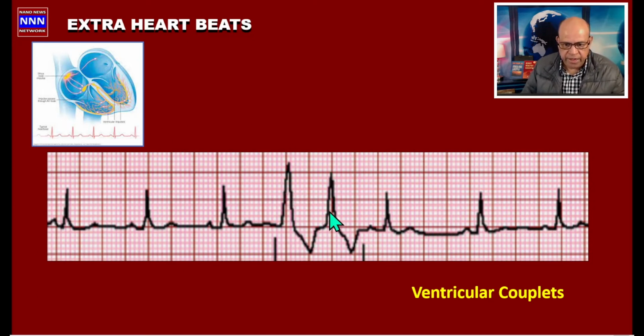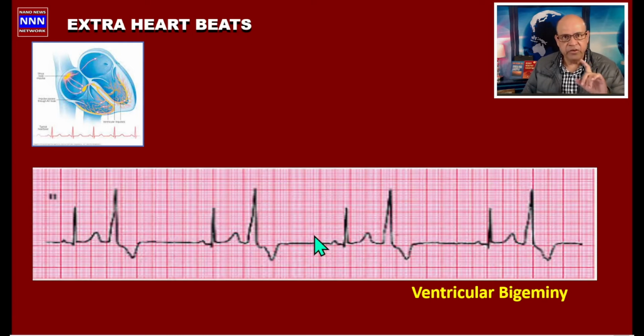They may be identical or they may be of different morphology depending upon where the impulse is arising, how the impulse is conducted, and what the refractory period is because of the previous ventricular depolarization. Anyway, this is a ventricular couplet, and we need to contrast the ventricular couplet with another terminology called ventricular bigeminy.